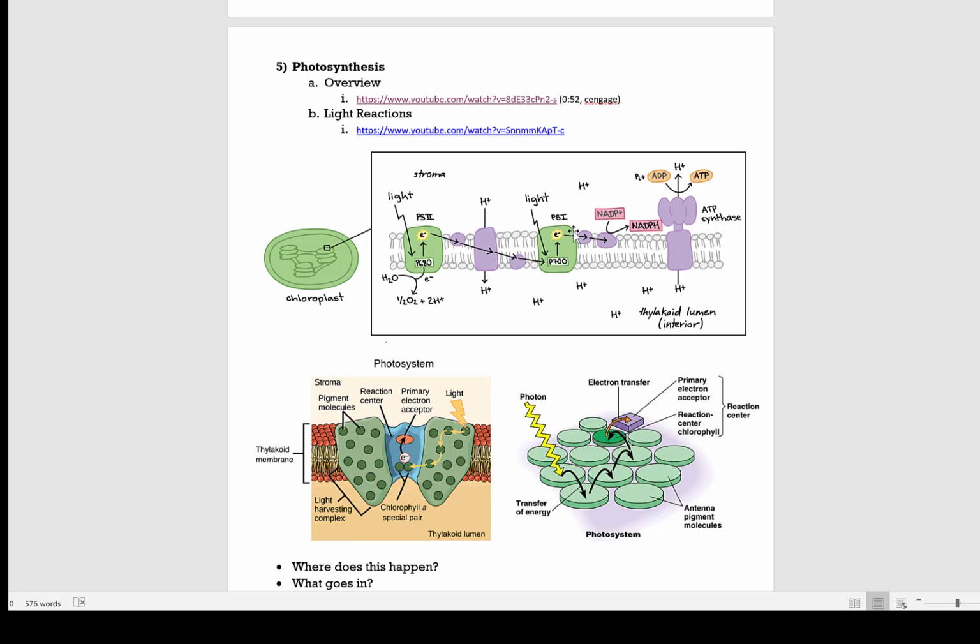Remember that chloroplasts are believed to have been their own unicellular organism at one time. So they needed to provide their own energy for different reactions.